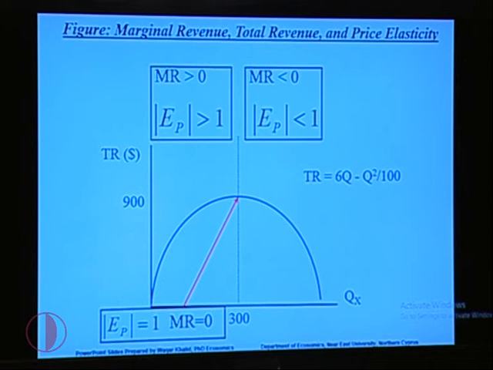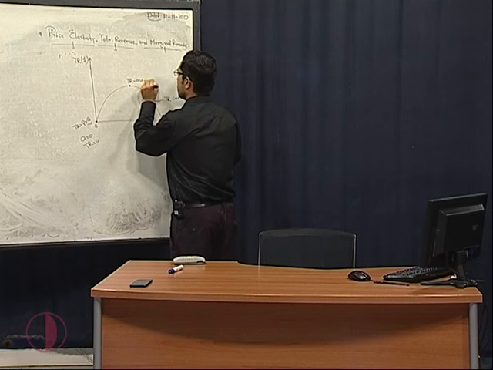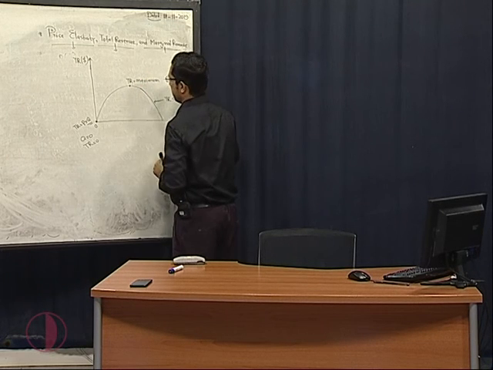As we know, total revenue is equal to P multiplied by Q. If the firm produces nothing, for example, if Q is 0, total revenue will be 0. At this point, total revenue is maximum.